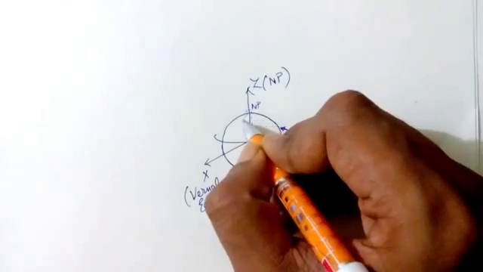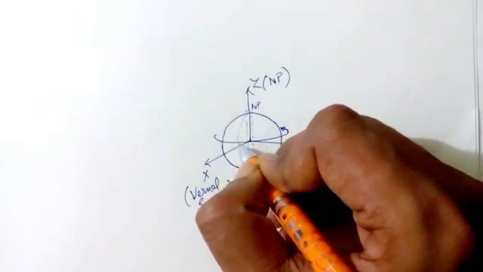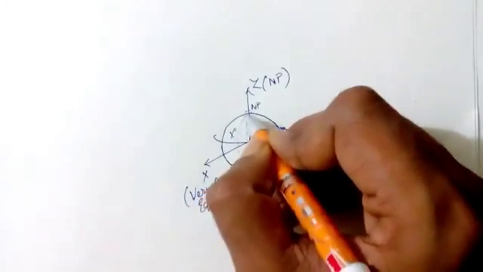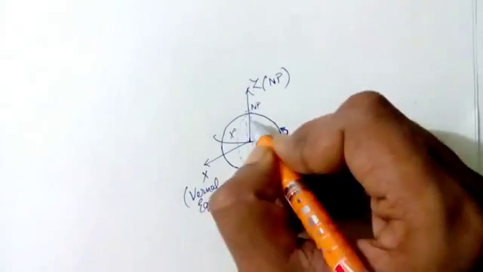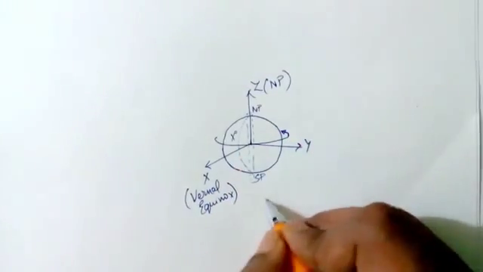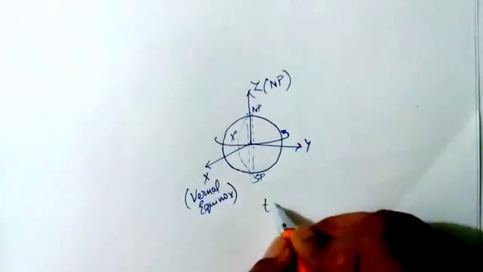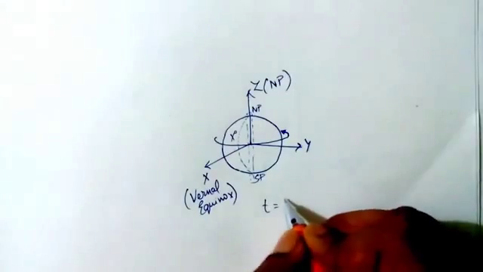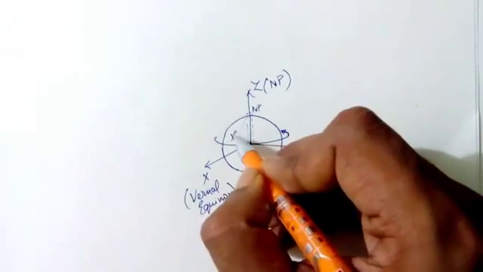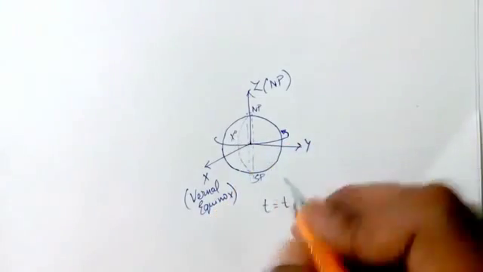To make it more clear, let me give you an example. Suppose this is an x degree longitude. This is the position of x degree longitude at time t. Let's call the time t0. At time t equals t0, this is the position of x degree longitude.